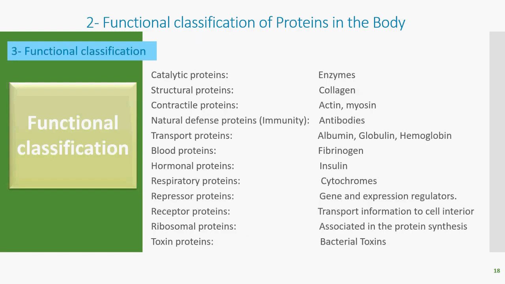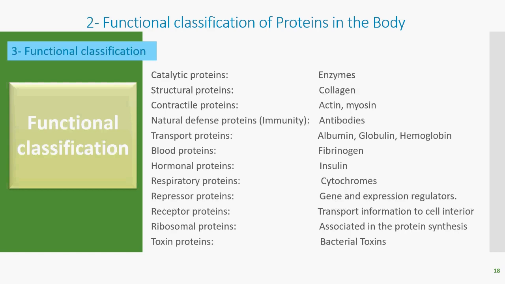The other way of classifying the protein is according to the functions that the protein plays. And this is a summary of the classification according to the function. So you can find proteins playing a catalytic function, accelerating the rate of the reaction of the biological system, and these are known as enzymes.